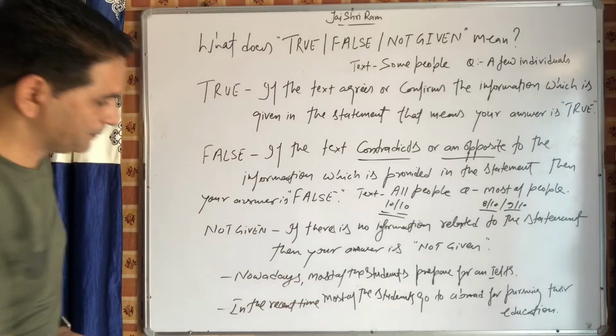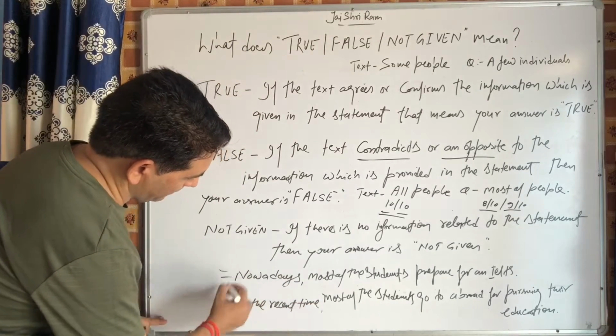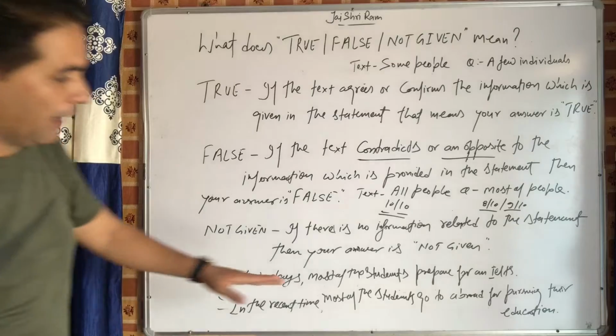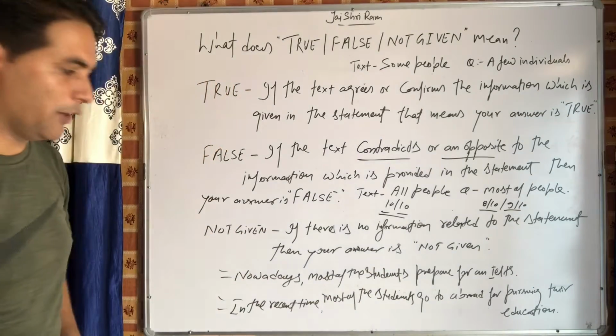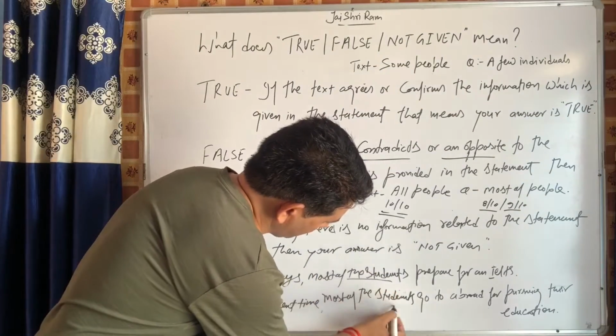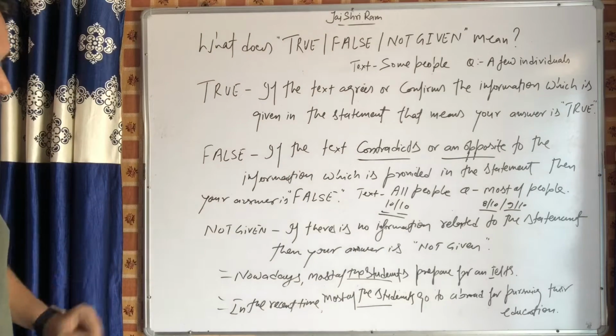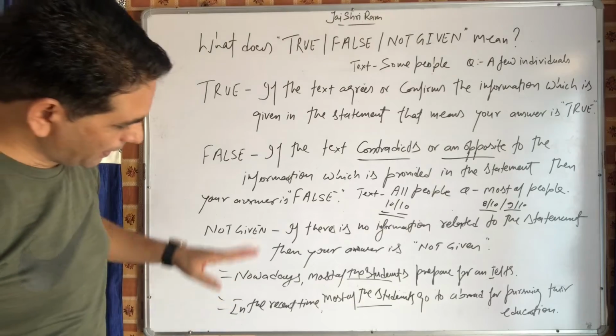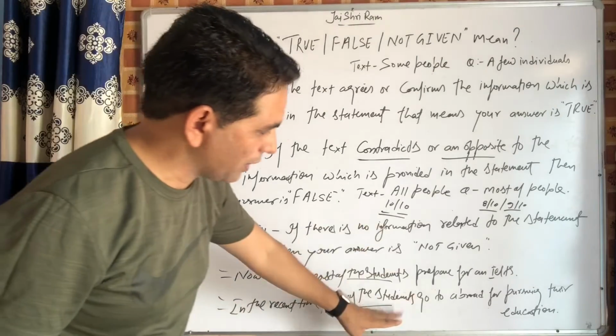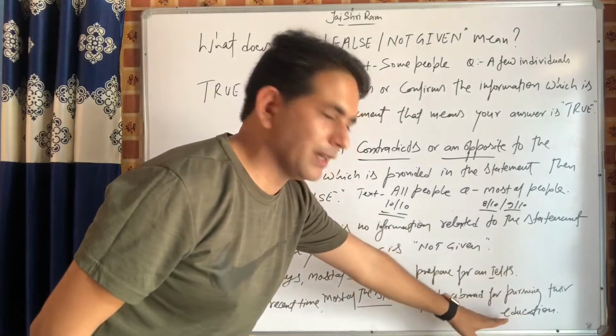So you can see the same time period, and most of the students, again the same sort of information, but try to read the whole statement. In the recent time most of the students go abroad for pursuing their education.